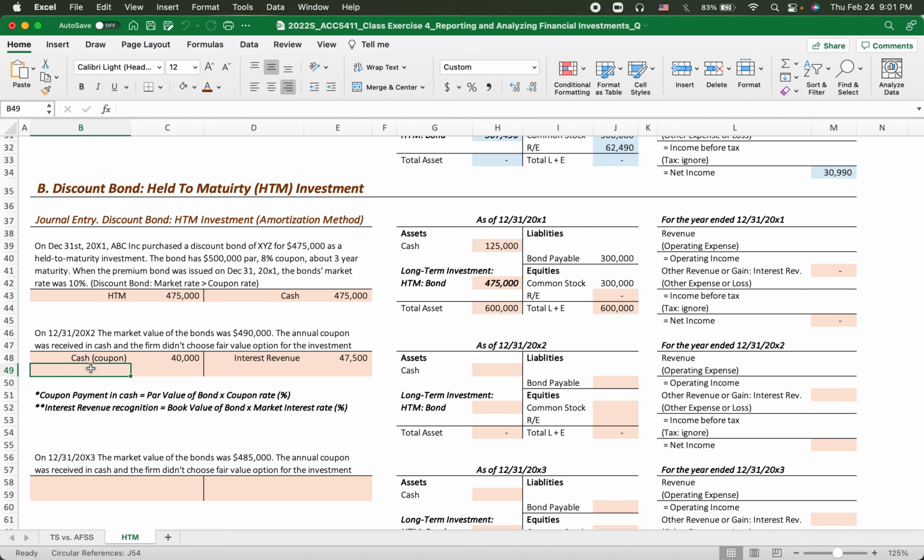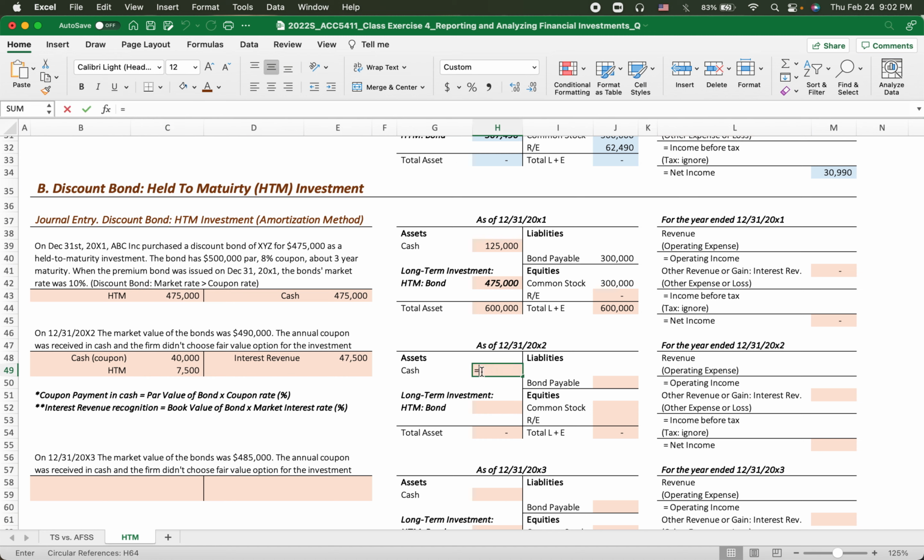Then what is this difference? Now here, HTM. The gap between $475,000 and $500,000 should be amortized by the difference between the two. So the interest revenue and then HTM and 7,500. This 7,500 must now be added to this initial investment cost to reach $500,000 at maturity.